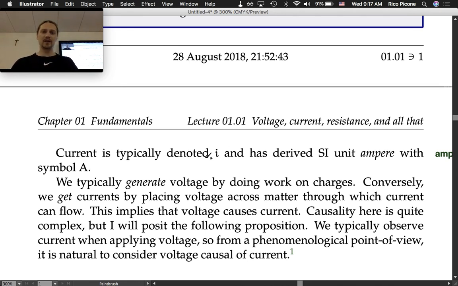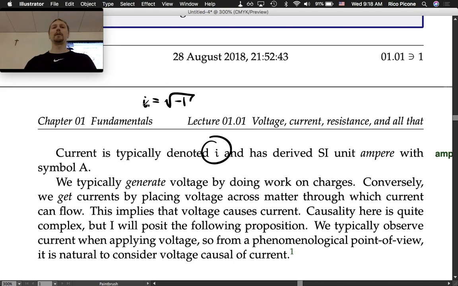Due to this notation using I for current, we will not use this notation in this class. Okay, we will not do that. It's not equals. The imaginary number in this class will use J for this reason. In electronics, this is standard. So electrical engineers, they always use J for the imaginary number.